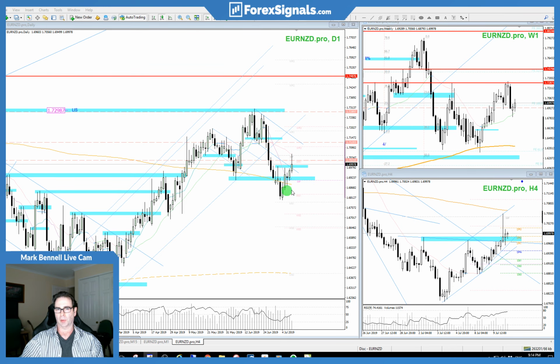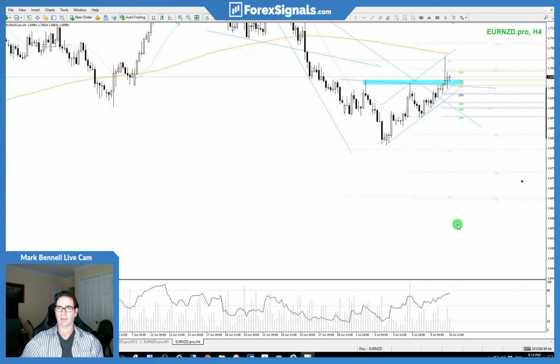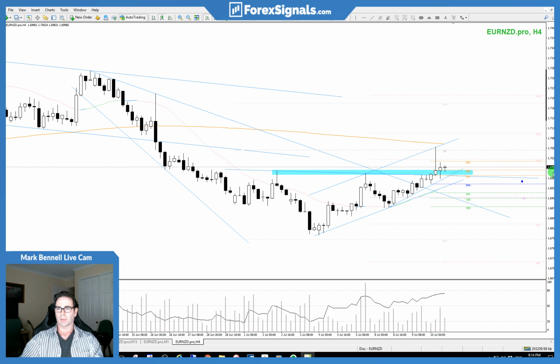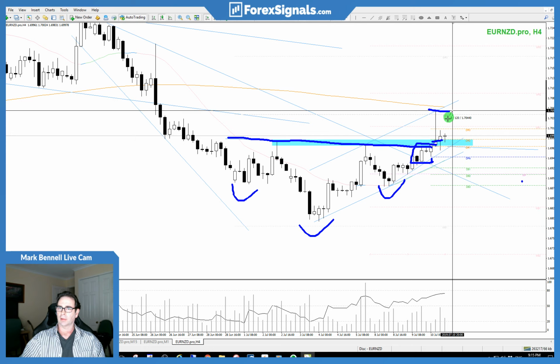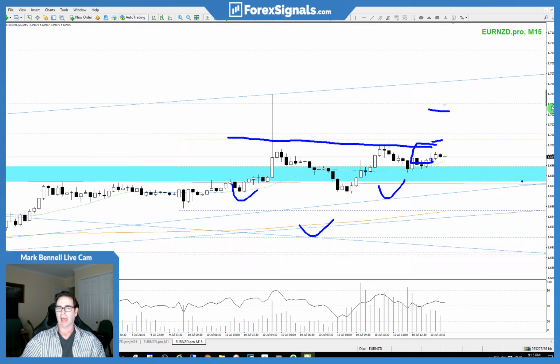Here it was, the pullback, massive pullback, climactic. I know my chart's a bit messy, I need to clean it up, but our bias was long. So we had just the classic head and shoulders, neckline, nice little coil. We're looking for trade through here, and bang, it did it. Right? So it did 65, 70 pips while we were analysing something else.